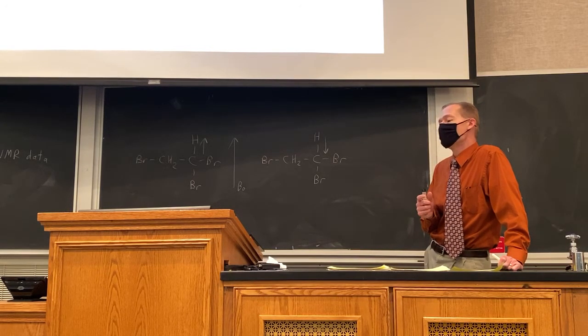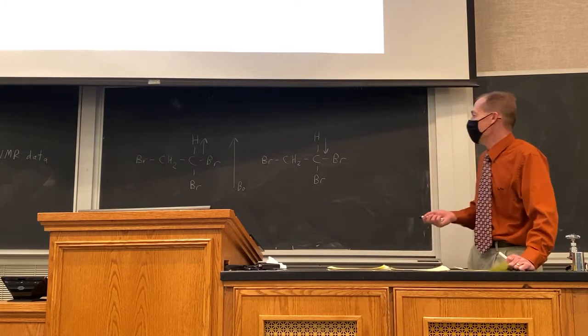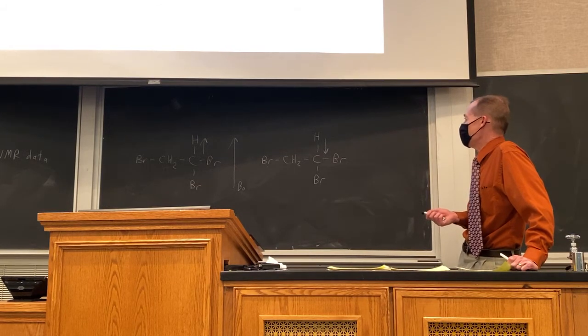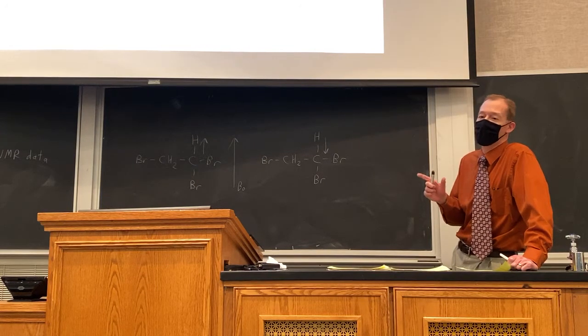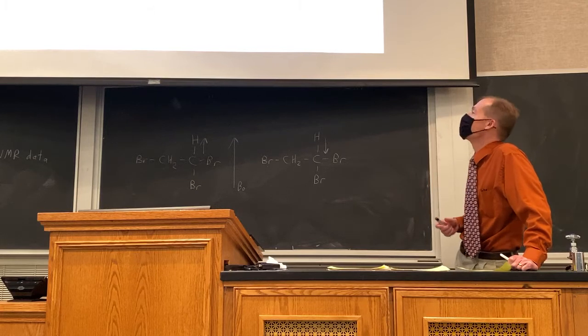So for hydrogens to split each other, they have to be separated by 3 sigma bonds or less. And in this molecule, tribromoethane, we see that the hydrogens are separated by 3 sigma bonds. If hydrogens are on adjacent carbons, they will be separated by 3 sigma bonds.